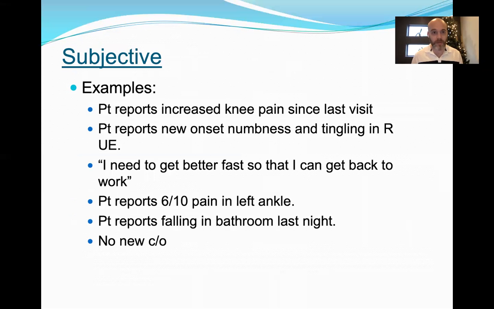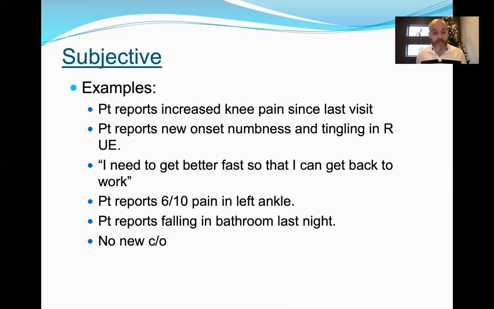Here's some examples of what might be in the SOAP note. You might write, patient reports increased knee pain since last visit. Or the patient might say, and you can put quotes, "I need to get better faster so I can get back to work." Well, that goes in the subjective section. If the patient has no complaints, if they say there's nothing new, nothing since last visit, I'm the same, you can say no new complaints.